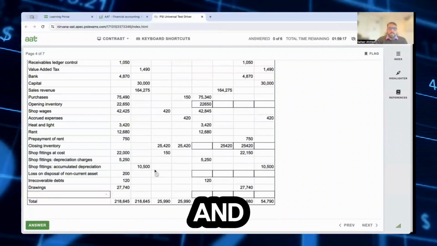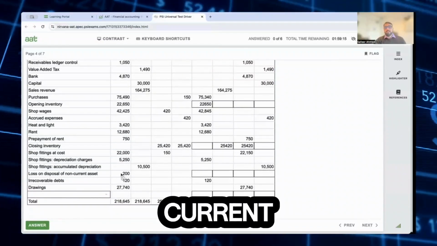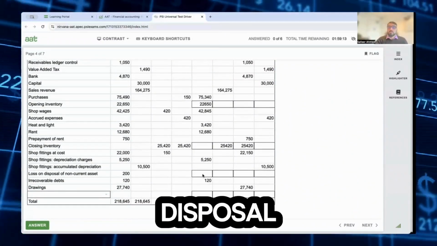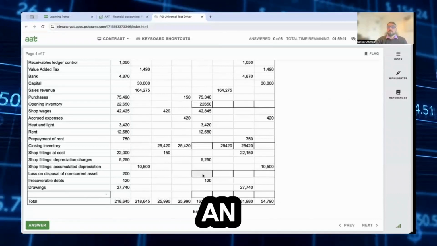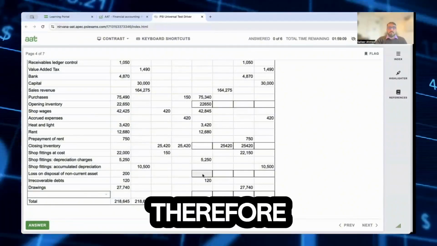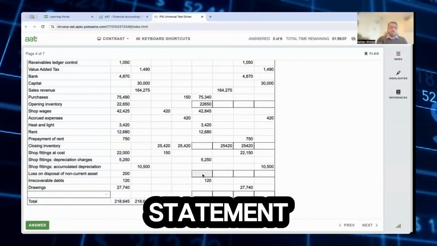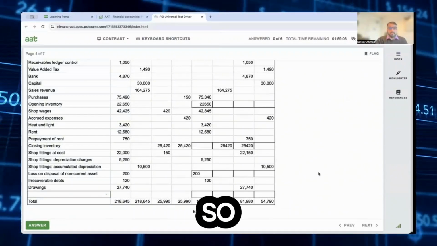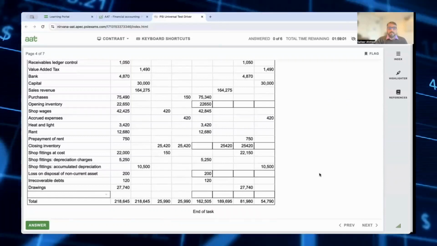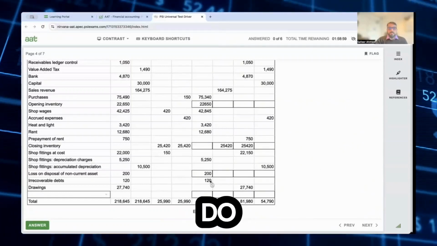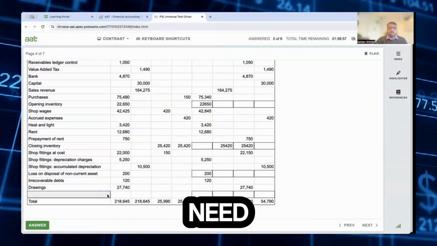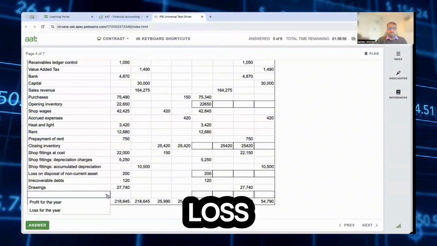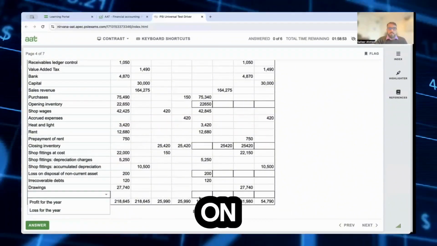Okay. And then we have loss on disposal of non-current assets. And we know that loss on disposal of non-current asset is an expense. And therefore, it will be on the debit side of the statement of profit and loss. So that's 200 there. And what we need to do here is calculate whether it is profit or loss, depending on amount.